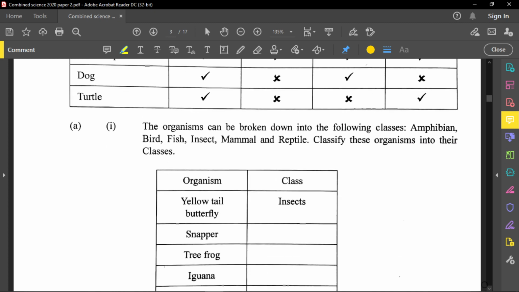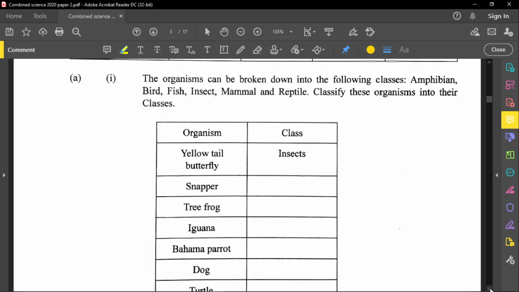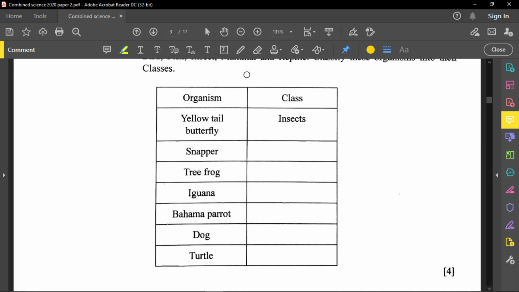For part A1, it reads that the organisms can be broken down into the following classes: amphibian, bird, fish, insect, mammal, and reptile. It asks us to classify these organisms into their classes. They already classified the yellowtail butterfly, which is an insect.